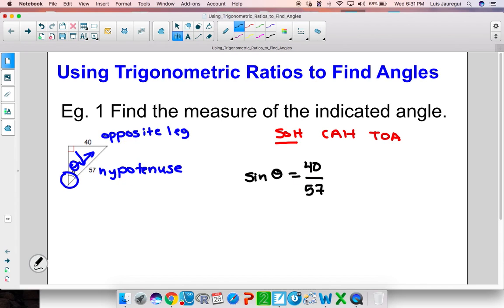Now, our goal is to get theta by itself. So we need to undo the sine. And how do we do that? Well, we simply take sine inverse on both sides. So let me take sine inverse of sine of theta on the left hand side, and I have to do the same on the right hand side: sine inverse of 40/57.